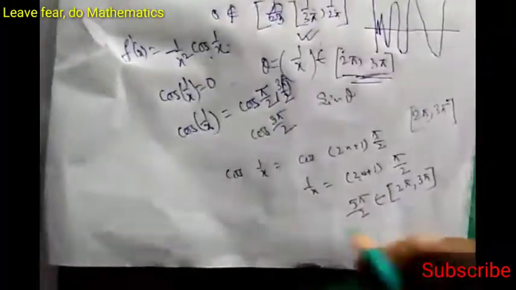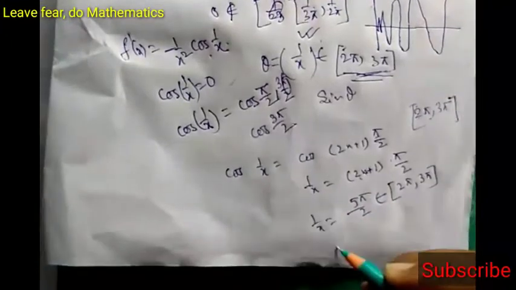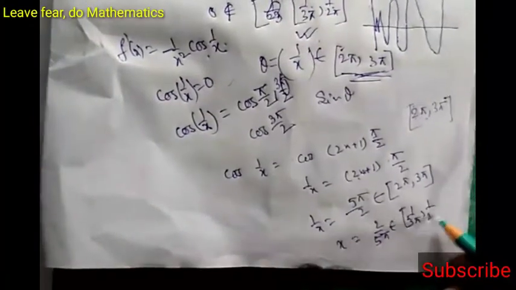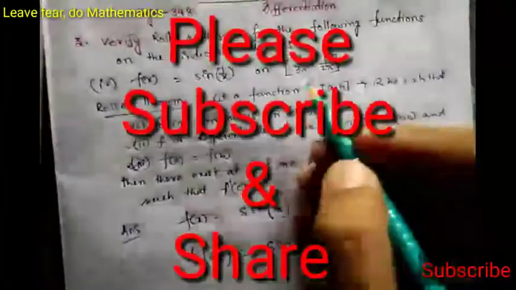So 1 over x is 5 pi by 2, so our x is 2 by 5 pi, which belongs to the interval 1 over 3 pi, 1 over 2 pi. So 2 by 5 pi is the point c. We have shown that all the conditions of Rolle's theorem are satisfied, and our c is 2 by 5 pi, and hence this function satisfies Rolle's theorem.